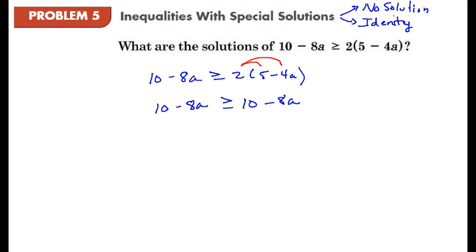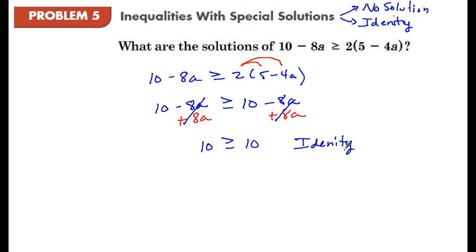Notice that if we want to solve for a, we're going to have to get rid of the 8a's, which means that we're going to have to add 8a on both sides. When you do that, you won't be able to solve this, and you have the identity of 10 being greater than or equal to 10. So this is known as identity.